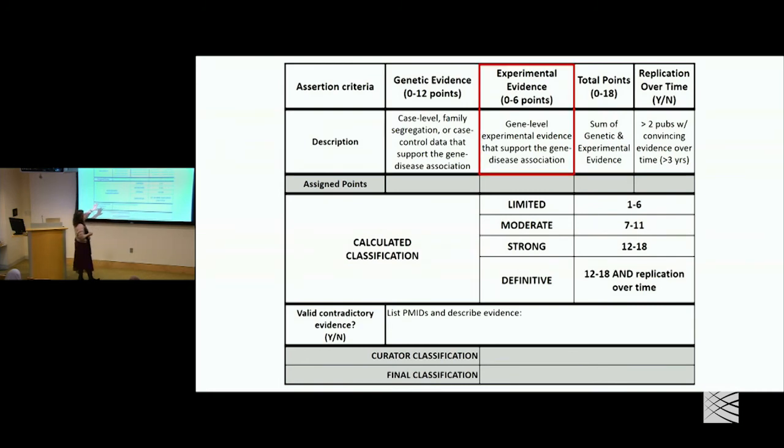We score the genetic evidence, the experimental. I should mention, it's very difficult to deal with contradictory evidence. So we don't actually score it. We just put it in and say, yes, there was, and this is the data that's conflicting. Some data might just exclude a variant and say you can't score that.